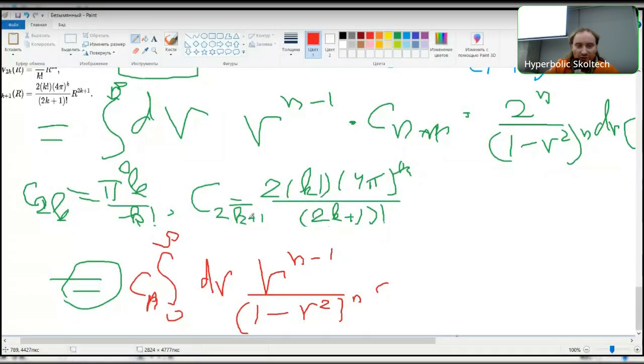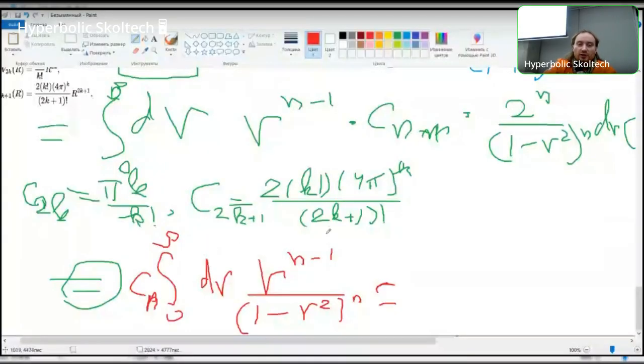This constant will sometimes be interesting, but what we usually think of is just asymptotics here. So let's integrate this thing. How it will depend on big R. So this equals what?